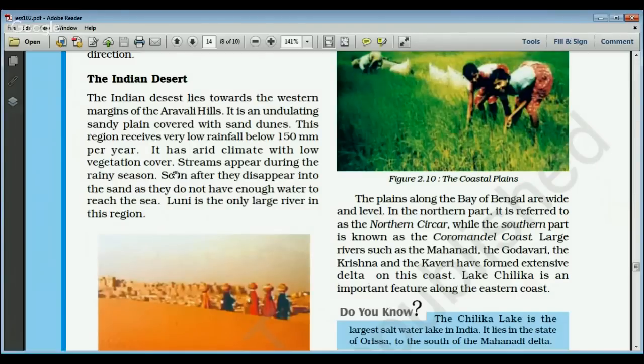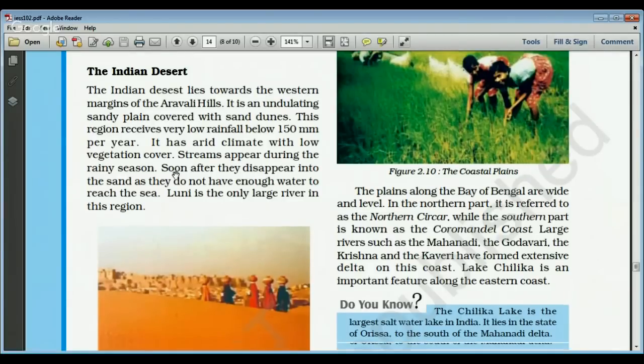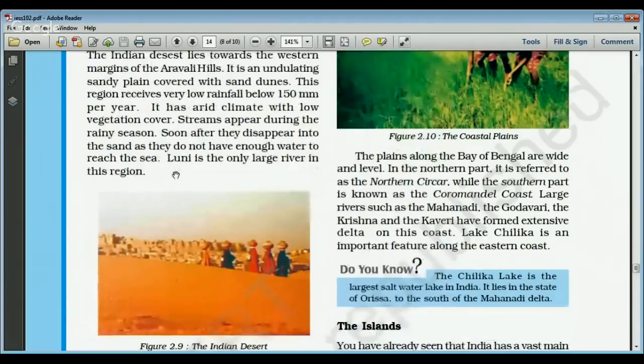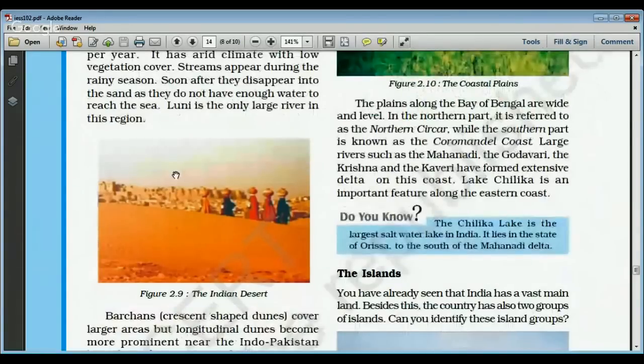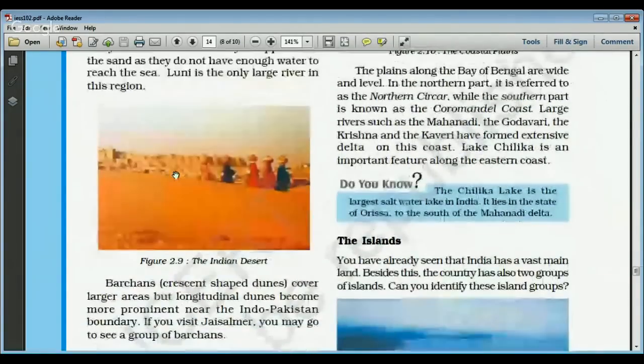It has an arid climate with low vegetation cover, and streams appear during the rainy season only. Soon after, they disappear into the sand as they do not have enough water to reach the sea. And Luni is the only large river in this region of the Great Indian Desert.